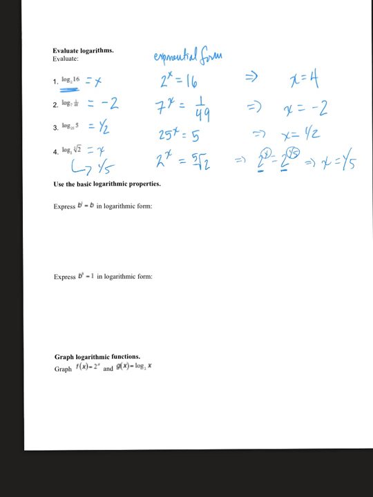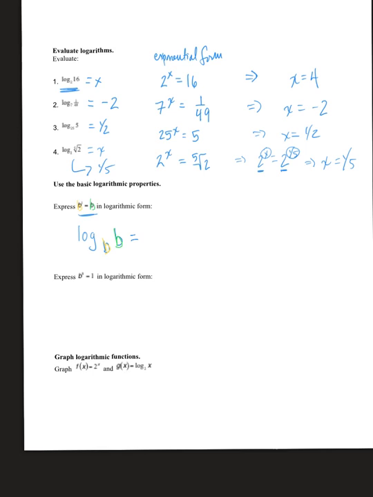Now, there are some basic properties that make working with logarithms much easier. So if I have this equation in exponential form and I wanted to rewrite it in logarithmic form, it would be log base b, which we would get from here, of b, which I would get from here, equals what?